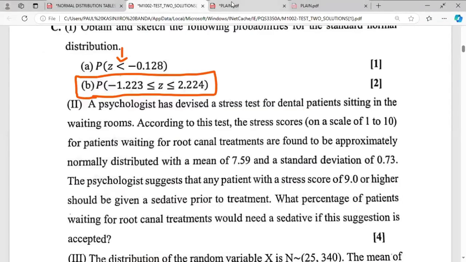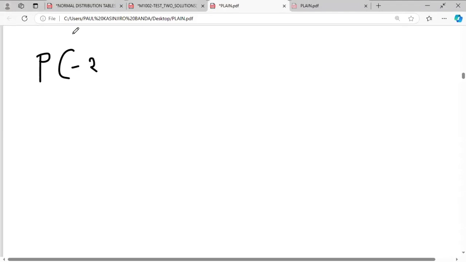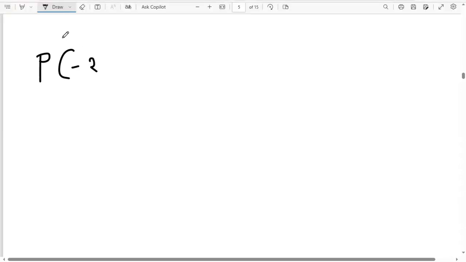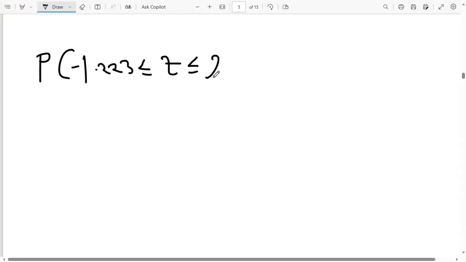Okay, that is 1. Okay, minus 1.223. And then I have the Z 2.224. So this is the probability that I have.